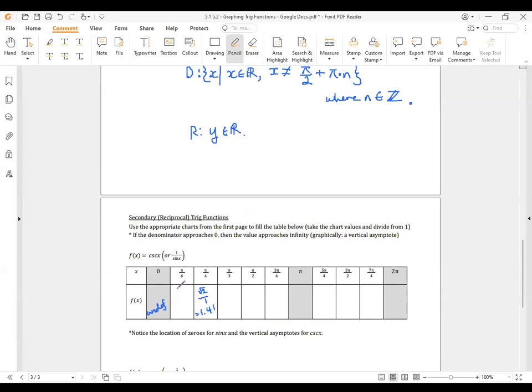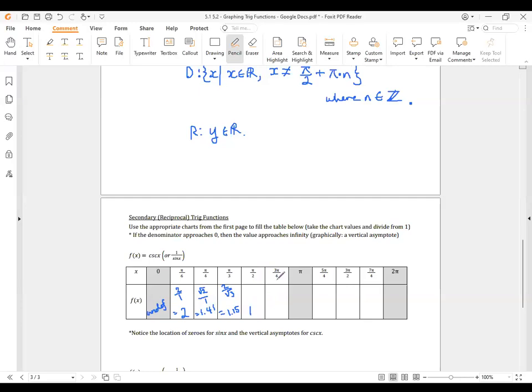This would be 2 over 1. So that's equal to 2. This would be 2 over root 3. So that is 1.15. And then 1 divided by 1 is a 1.